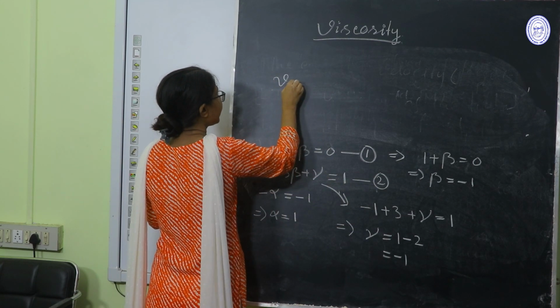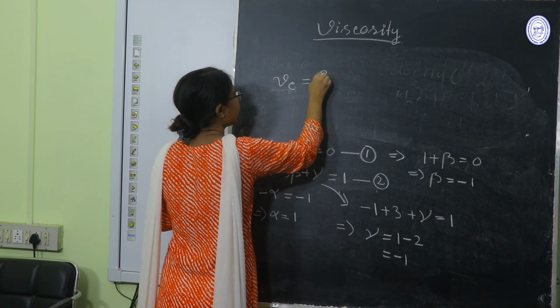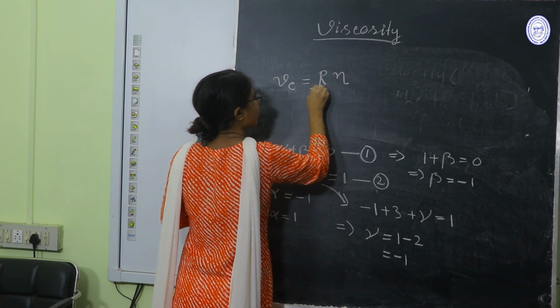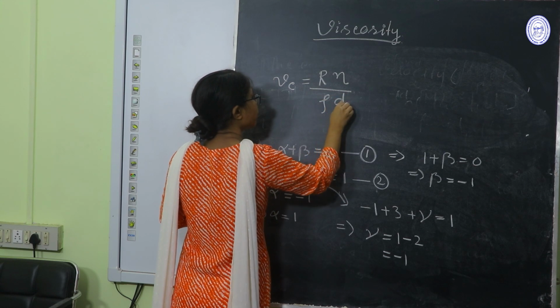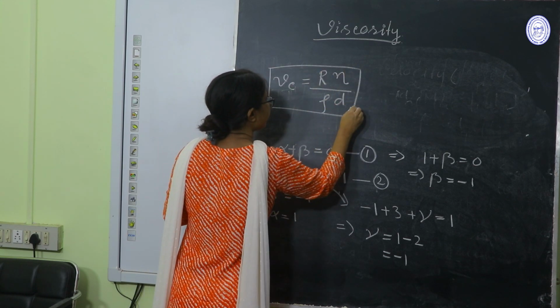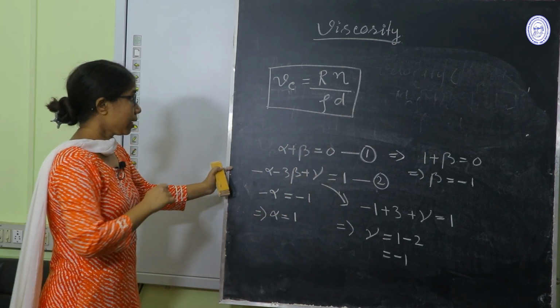So, Vc is equal to R eta divided by rho d. This is the expression for critical velocity.